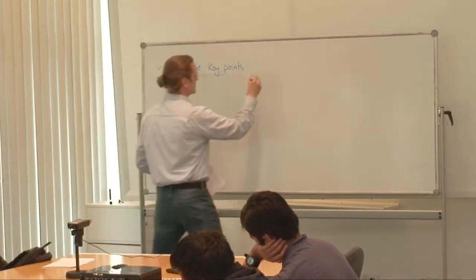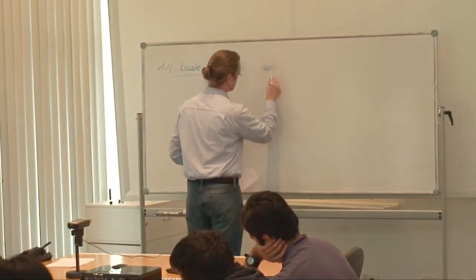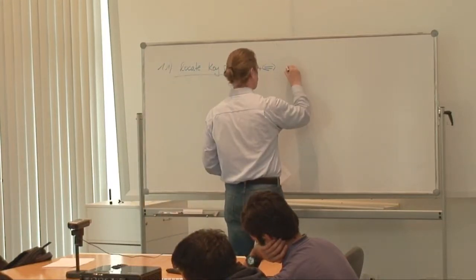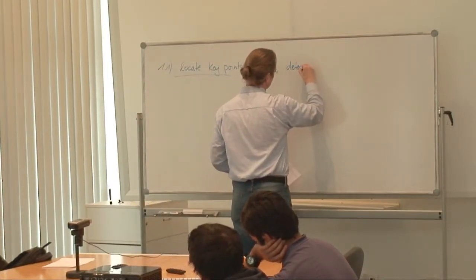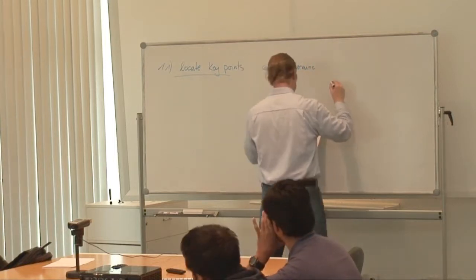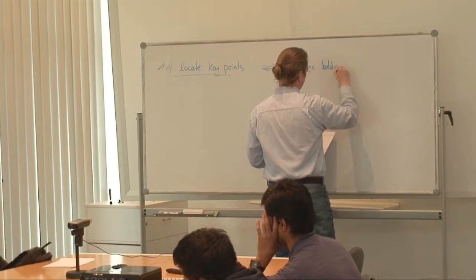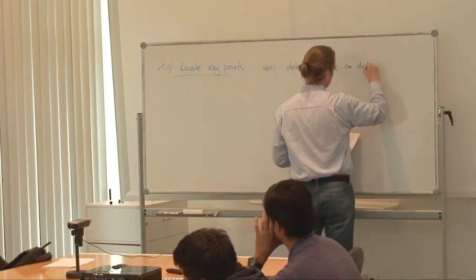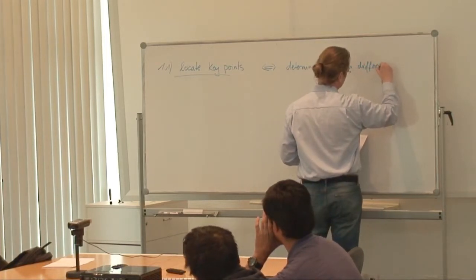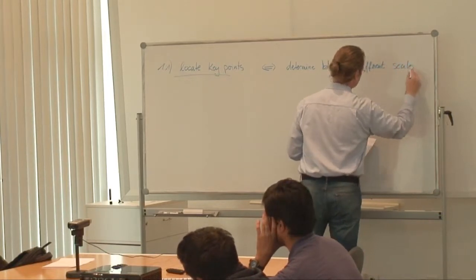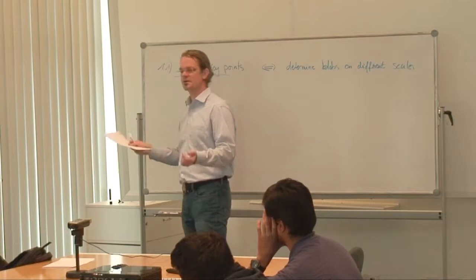Which is to say, in this SIFT approach, we determine blobs, or the location of blobs, I should say, on different scales. There might be larger and smaller blobs in the image, and we want to find them all, not just a certain size of blobs.